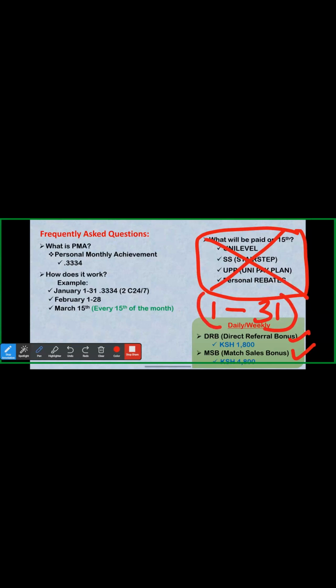The moment the system has entered October, the system will not be calculating these, first of all remove them from the calculation. They will not be calculated. So basically in the month of October, the only thing you'll be enjoying is the direct connecting bonus. This only is what you'll enjoy in the month of October. Even the 4,800, you will not enjoy in the month of October.